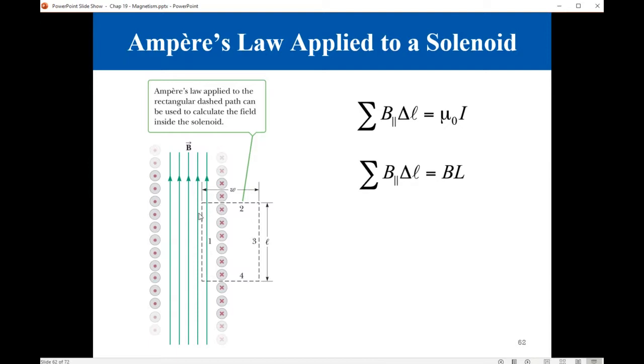So here inside the solenoid you have B multiplied by L, the length of this side. So B equals mu naught N I divided by L, and N divided by L is the density of turns, the number of turns per unit length, which is this small n. This is the simple equation that we have for the solenoid.